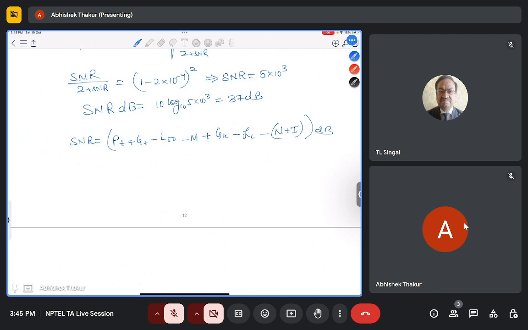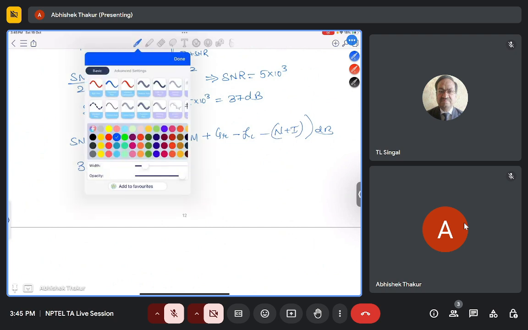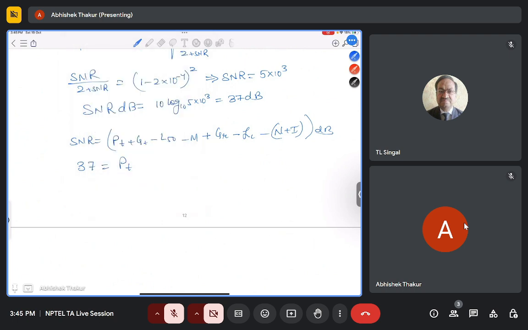So finally the SNR is calculated as 37 and PT, GT is given in this question. So it will become minus 12 plus 167 plus 10 minus 5 plus 3 minus 151.